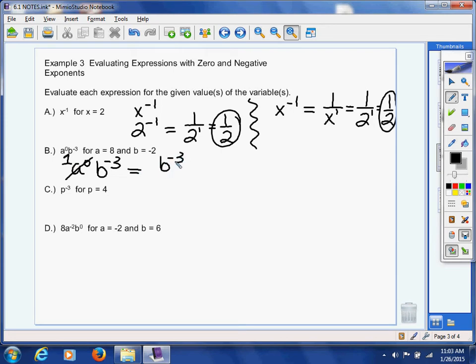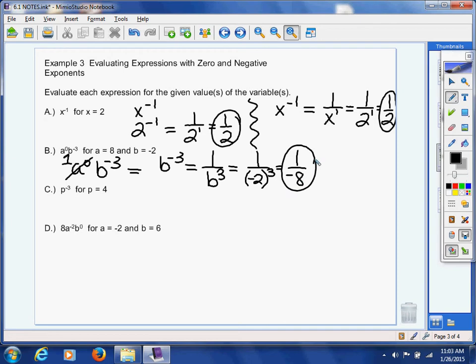So really our focus is just changing b to the negative 3. Like I told you above, you can either change it before you plug in, and go, hey, that's actually 1 over b to the 3rd. And I'm going to plug in negative 2 for b. Now be careful here. Any negative number you plug in, put it in parentheses, and then solve it. Negative 2 times negative 2 times negative 2 should be negative 8.